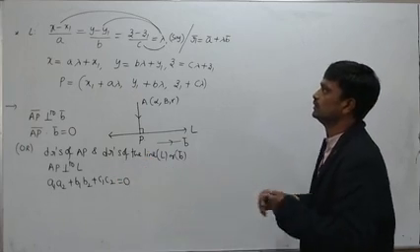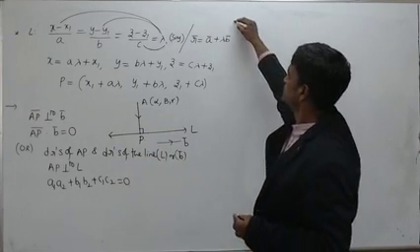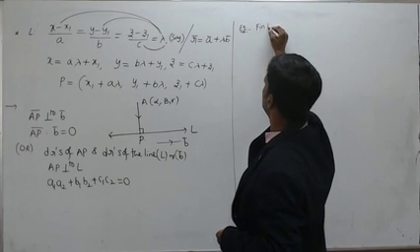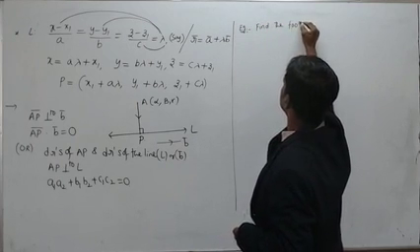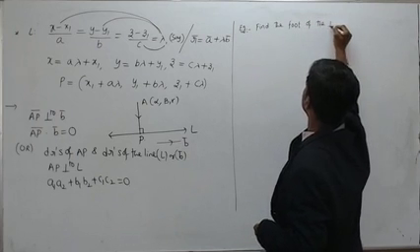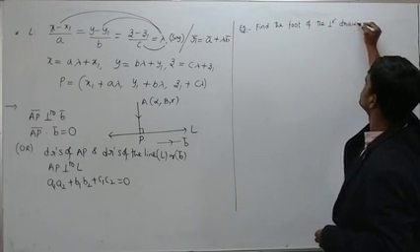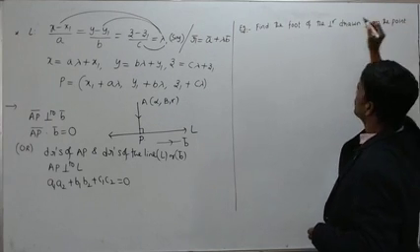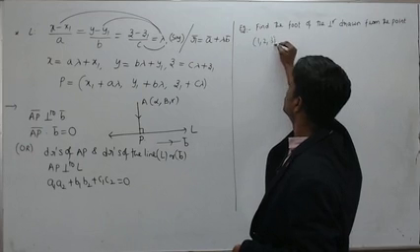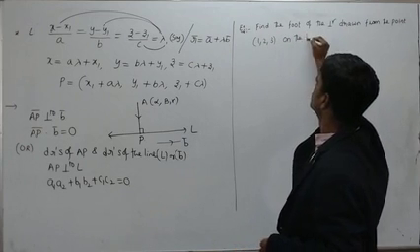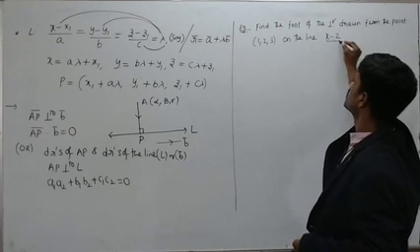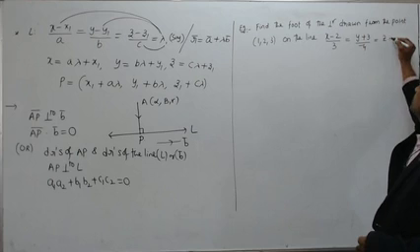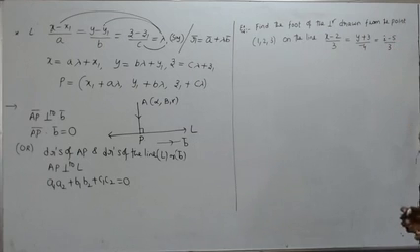Okay, so take one example. Find the foot of the perpendicular drawn from the point (1, 2, 3) on the line (x minus 2)/3 is equal to (y plus 3)/(minus 4) is equal to (z minus 5)/3.